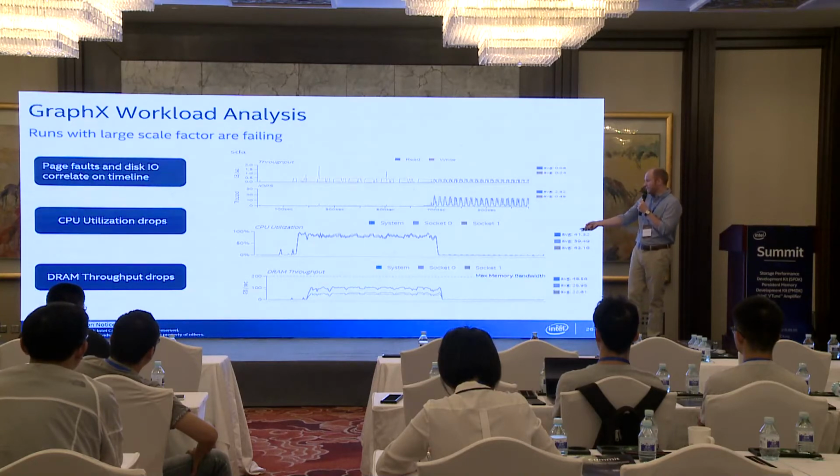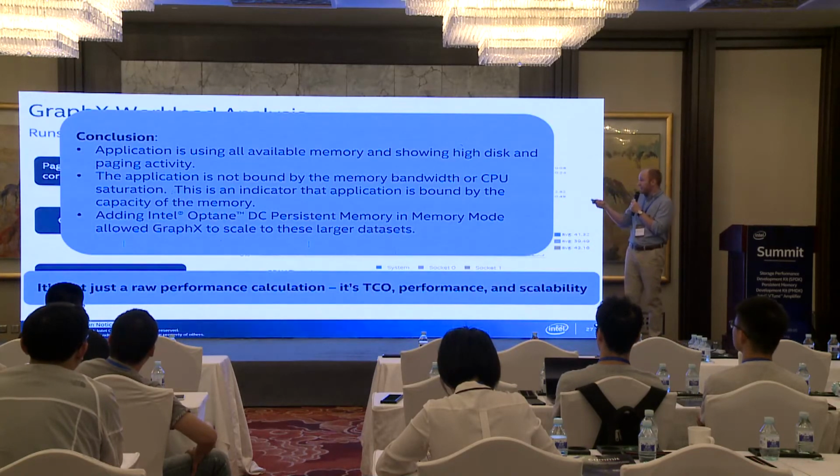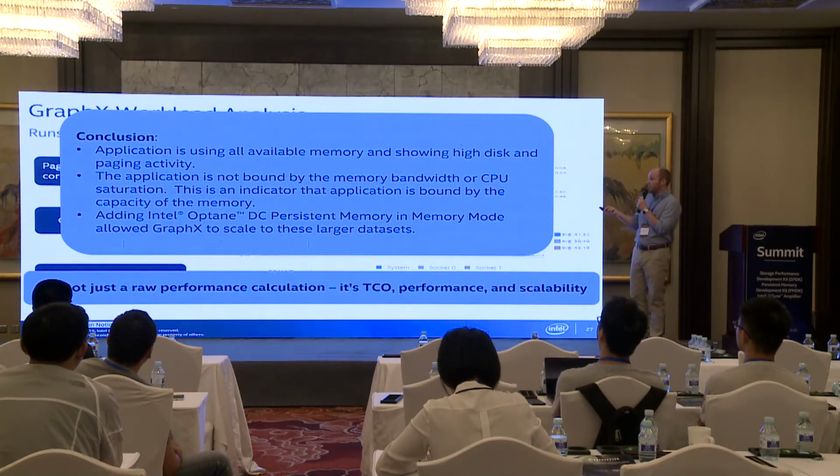And we're also seeing DRAM throughput drop as well as the paging starts occurring. So we were able to identify that this was a memory capacity issue. The application is using all of the available memory and it's showing high disk and paging activity. It's not bound by memory bandwidth or CPU utilization. So this is an indicator that the application is bound by the capacity of the memory.